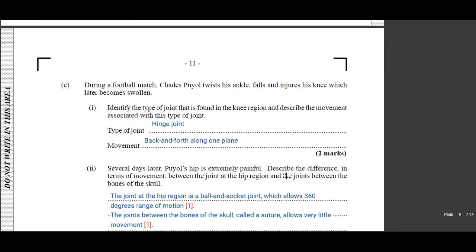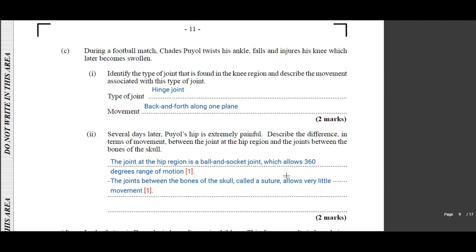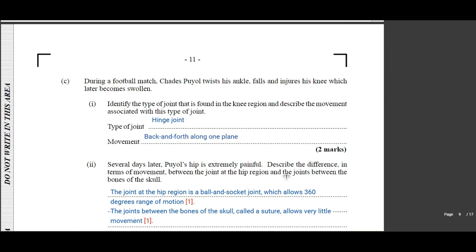Then we go to part C. So during a football match, Puyol twists his ankle, falls and injures his knee, which later becomes swollen. So he is not having a good day, right? So we are being asked to identify the type of joint in the knee region and describe the movements associated with it.